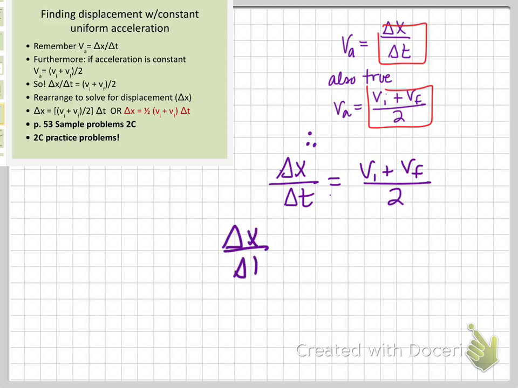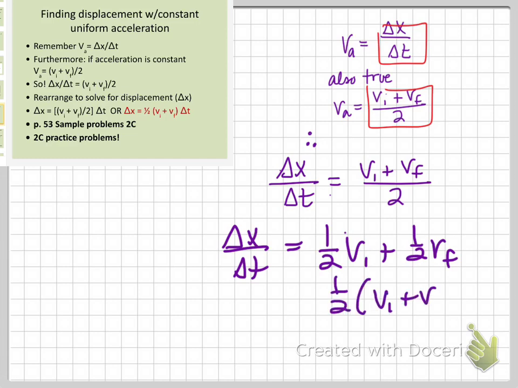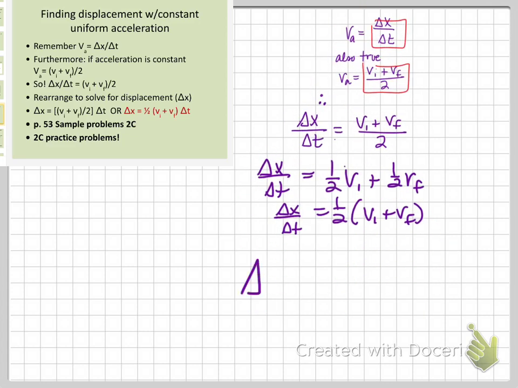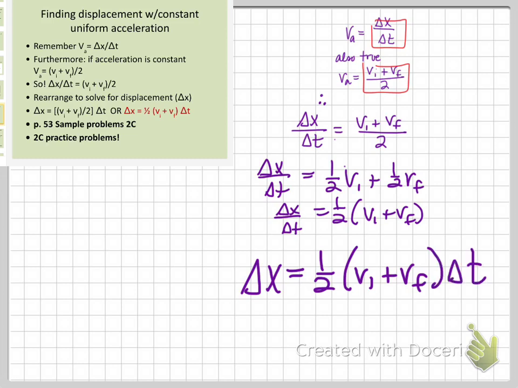So delta x over delta t then equals 1/2 vi plus 1/2 vf, or 1/2 (vi plus vf) equals delta x over delta t. Let me shrink this again. Therefore, delta x equals 1/2 (vi plus vf) times delta t.